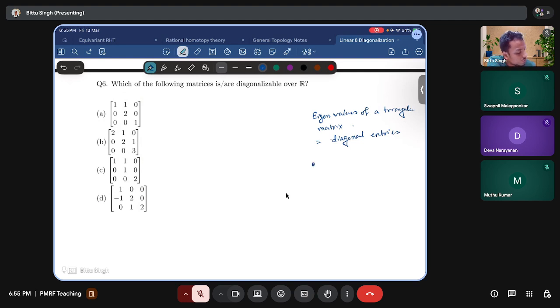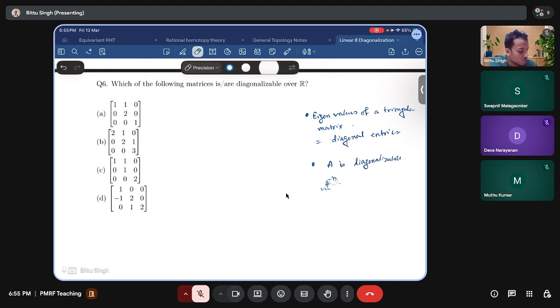We know a matrix A is diagonalizable if the whole n-dimensional space, in this case Rn or Cn, whatever field F we take, F to the power n is the same as the sum of the eigenspaces.